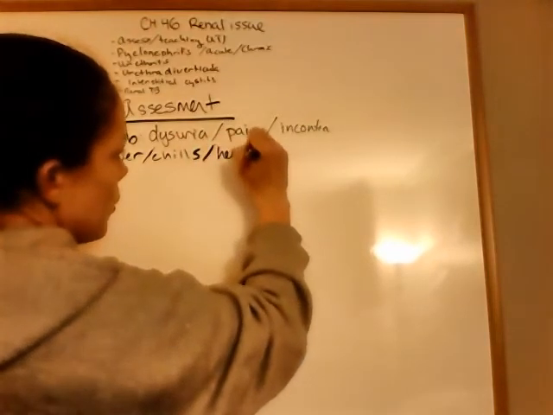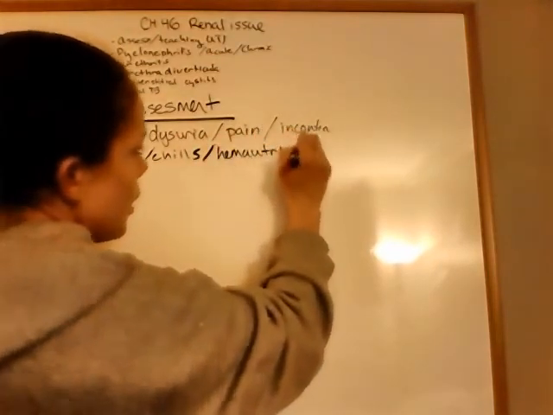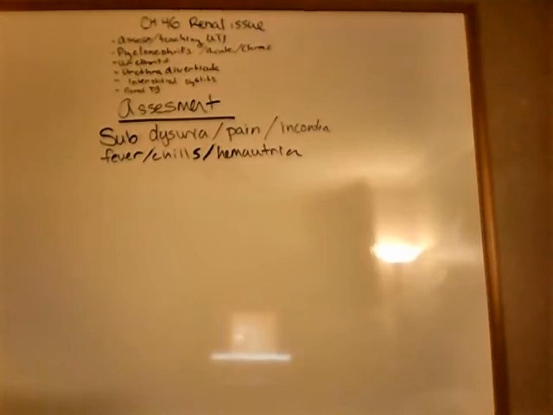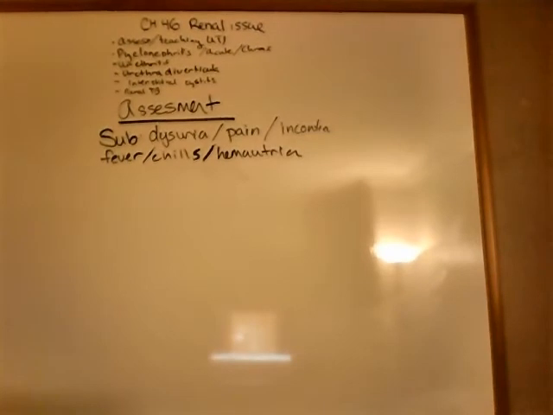Okay, so we are looking for all types of different things, but specifically the symptoms or manifestations that we are looking for are going to be the incontinence, the dysuria, the urge to urinate, the pain during urination, and then you're looking for the systemic as well. Systemic being your upper urinary tract symptoms, which is fever, chills, nausea, vomiting, hyponatremia.